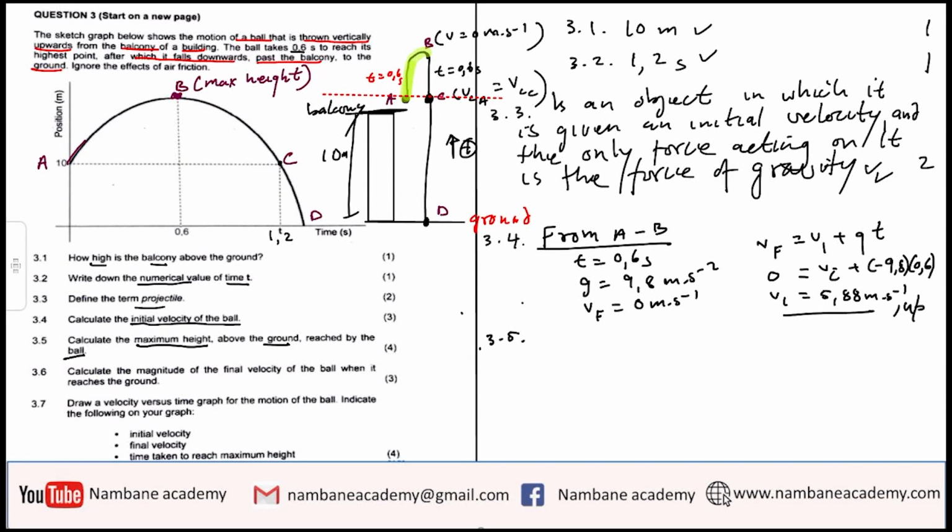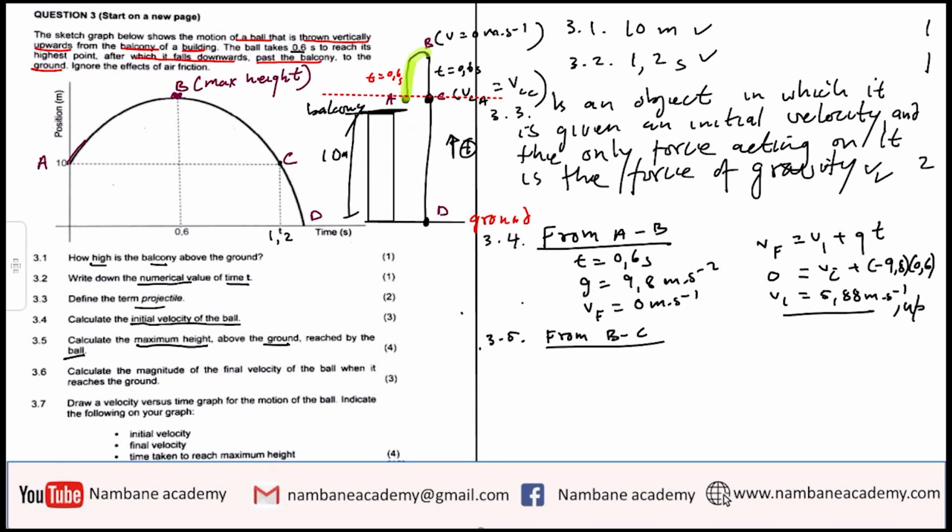Why? Because I can use symmetry to do that. I'm going to use from B to C. I know the easiest way is to use AB because everything is given. I'm going to use from BC.